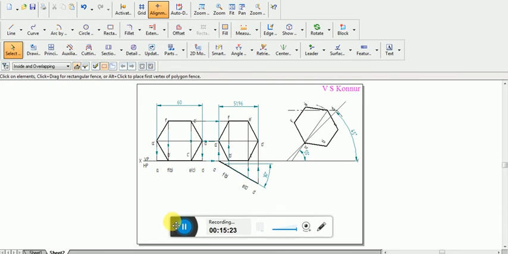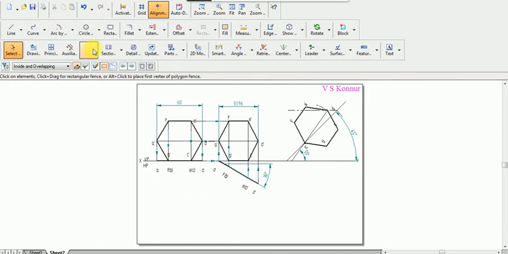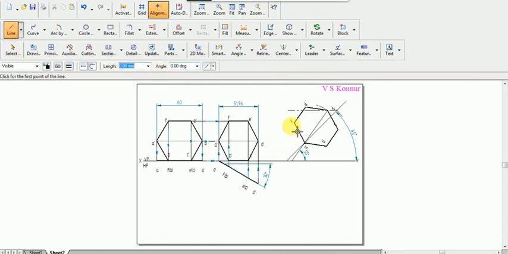Now draw a line from the A point to join A. A is on the XY line, that is 0.13, it is on the XY line. Then B point is here. Next C point is here, this is the C point.